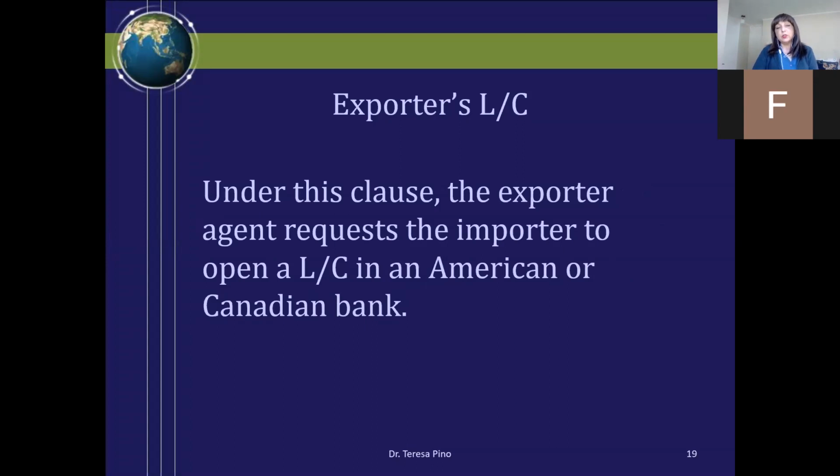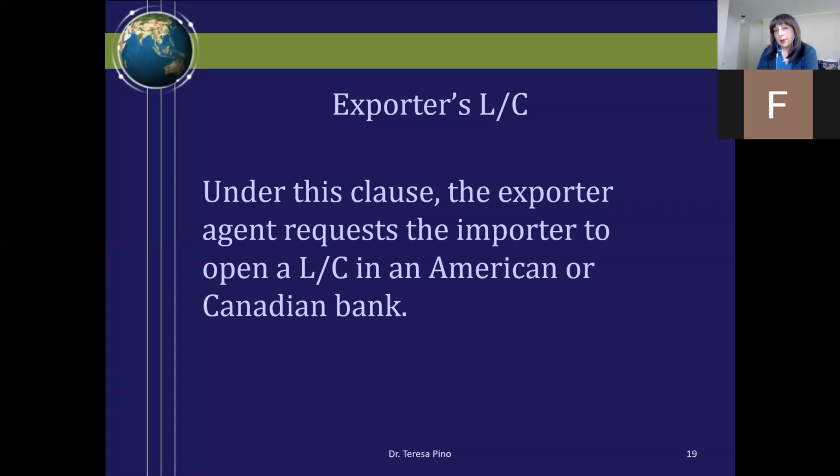The exporter's letter of credit. The exporter's letter of credit was created in 2008 when there was a very big mistrust of banks. So the Americans and the Canadian exporters requested all the importers worldwide to open letters of credit in Canadian or in American banks.